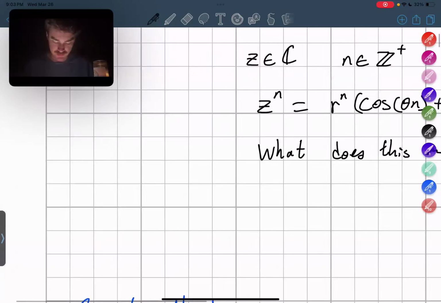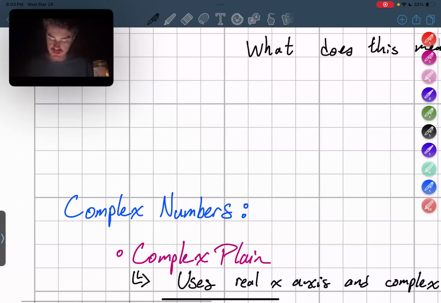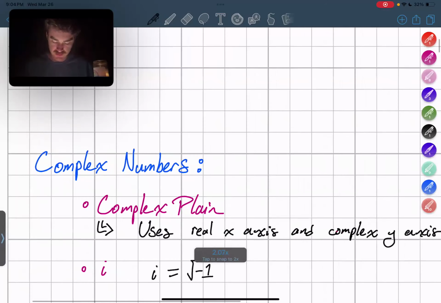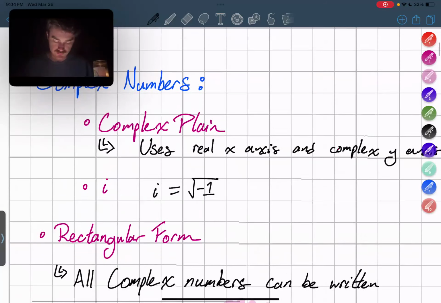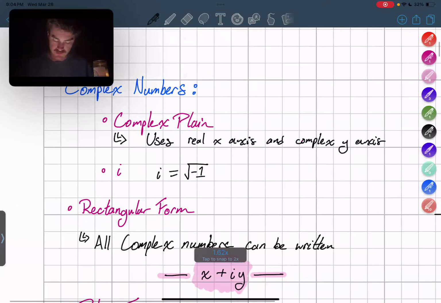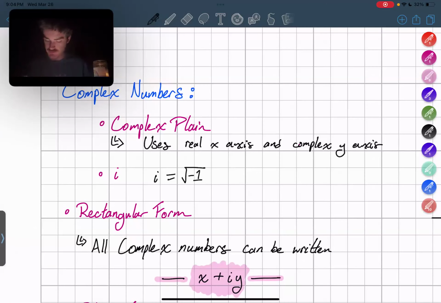We are going to get into it, but first we have to talk about complex numbers and the complex plane. So, complex numbers are numbers usually in rectangular form. All complex numbers can be written in the form x plus iy.